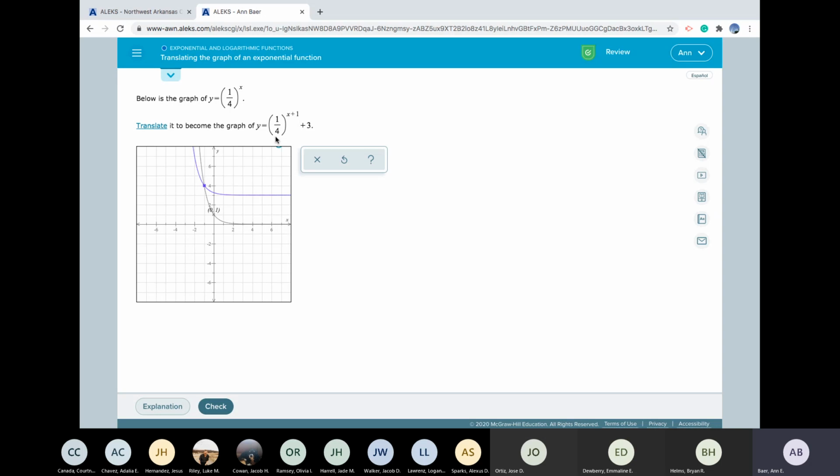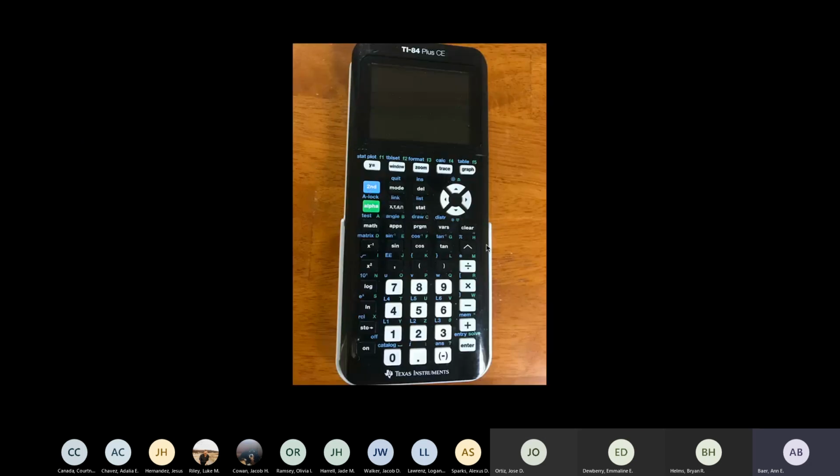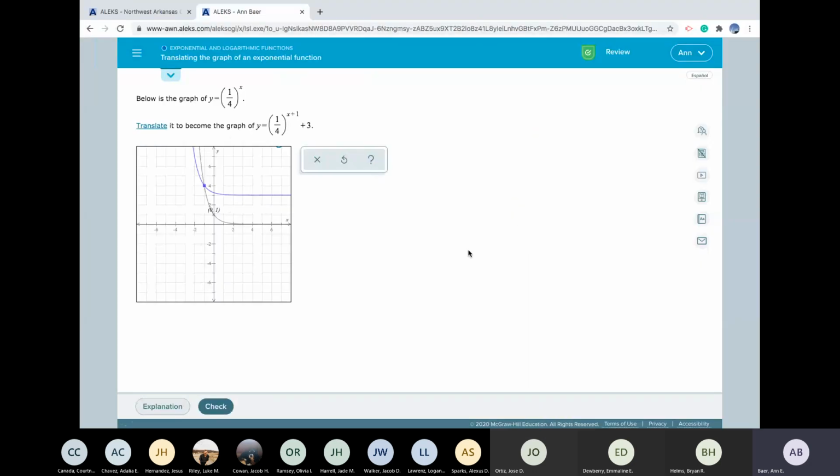And then this mountain peak here, which means you can raise to any power you want. This mountain peak is in the rightmost column of the calculator. If you click on that, then I can put anything in the exponent I want.